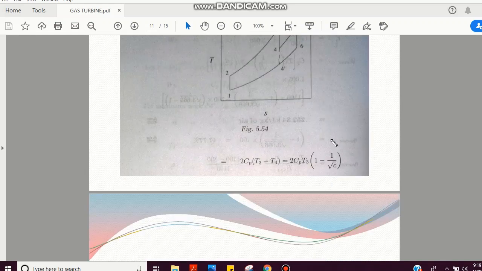Another thing is that the T4 value is equal to the value of T6. The T4 and T6 temperatures are equal. So we can simply write 2 into Cp into T3 minus T4. So we can write 2 into Cp into T3, 1 minus 1 by root C, because the value of T4 by T3 is 1 by root C.